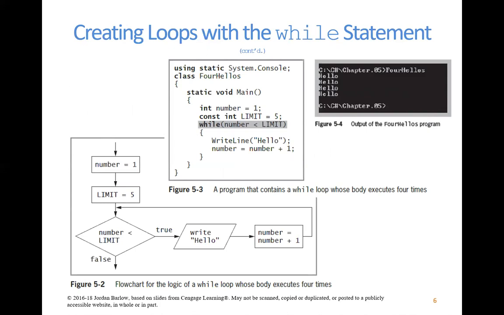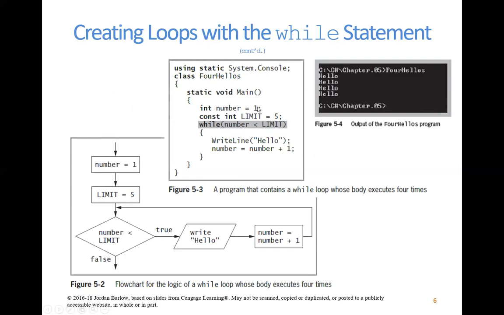So here is an example of the syntax from the textbook. Again, it's just the while keyword, and then within the parentheses, something that can be evaluated as true or false, and that should include the control variable. So in this case, the control variable, which was defined above, was this integer variable called number.